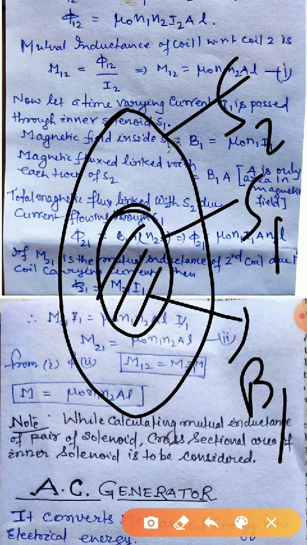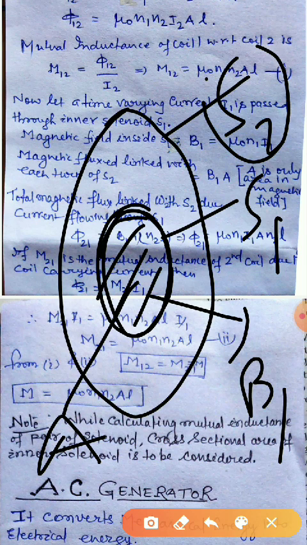Here, though the cross-sectional area of each turn of S2 is more than the cross-sectional area of the inner solenoid, since the magnetic field is present only in this region, that is, the area of the inner solenoid, the magnetic flux linked with each turn of S2 will be the area in which the magnetic field is present and the strength of the magnetic field, that is, B1 into A.